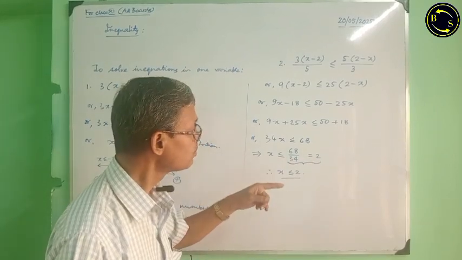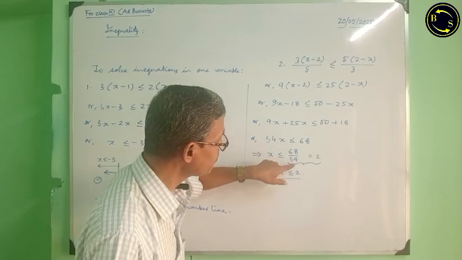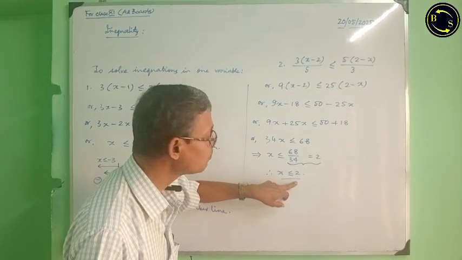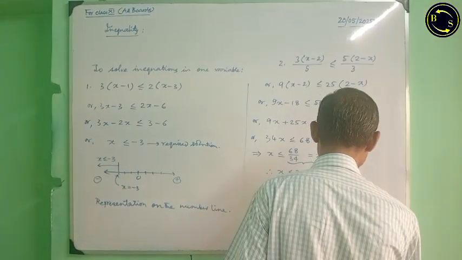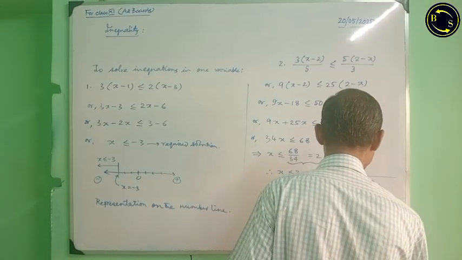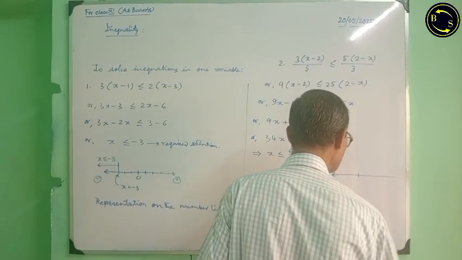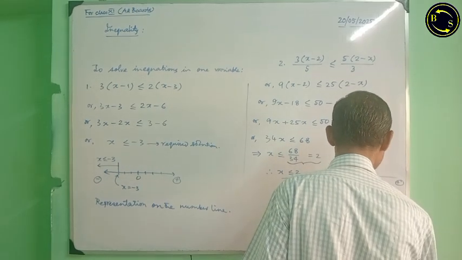Don't confuse. x less than or equal to 68 by 34 means x less than or equal to 2. Now we have to represent that on the number line. This is the origin.